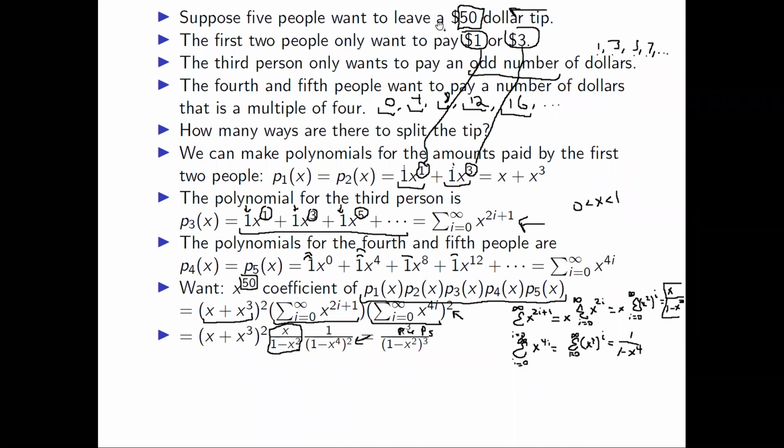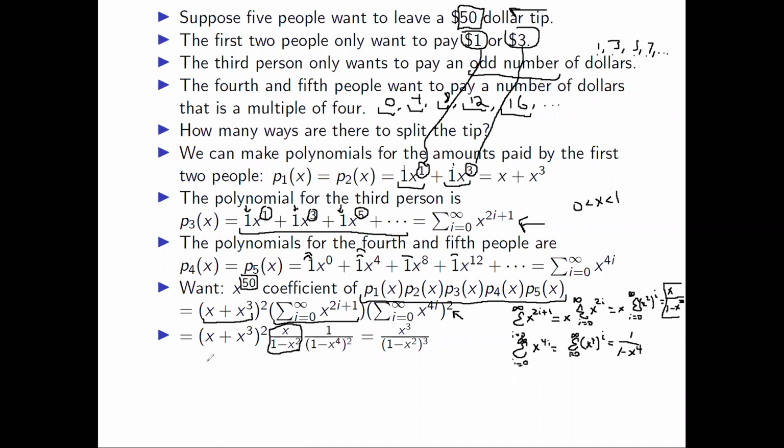And we can simplify a bit more here, so I'll erase so that it is legible. So let's see why this part is true. So we have x plus x cubed quantity squared. We have an x divided by 1 minus x squared. And we have a 1 divided by the square of 1 minus x to the 4th.